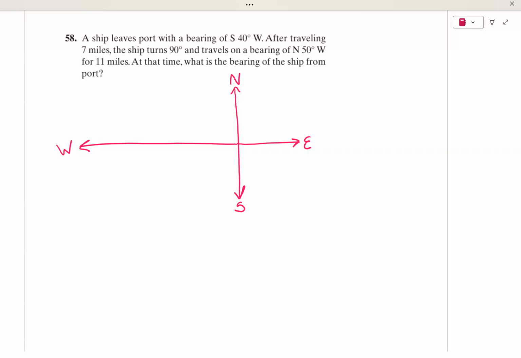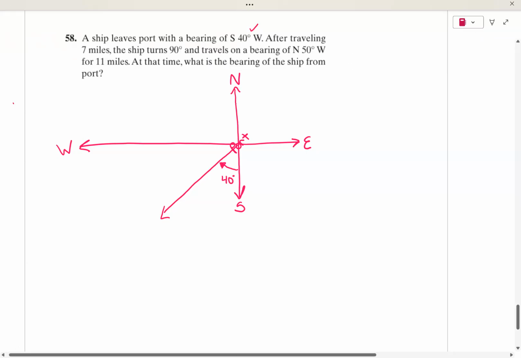So the ship leaves the port. So this is the port. Southwest of 40 degrees. So I'm just going to draw this line out. This is your bearing of 40 degrees, and we're southwest. Okay, so that takes care of this direction here.